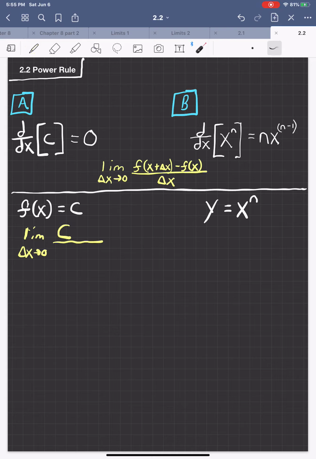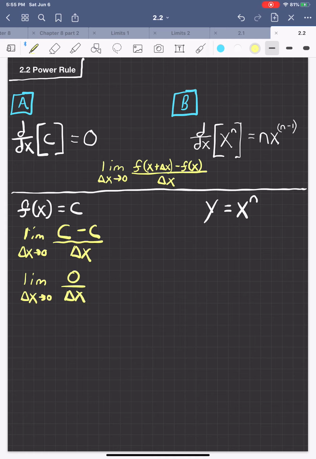All right. Now we want to subtract f of x, so we want to then subtract c. Well, we see that any constant minus itself is going to be 0. So we end up with the statement 0 over delta x.